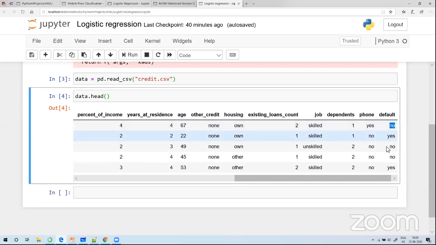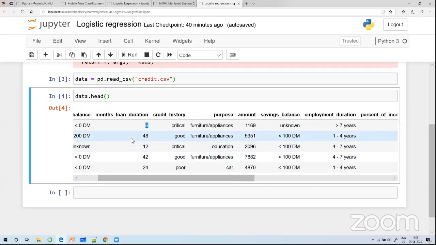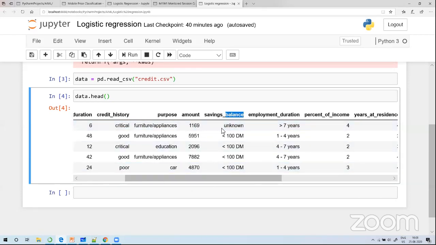Now to predict if a customer is going to default the loan or not, of course, we need to learn from the historical data using the information about the customer, like what's the duration of the loan, how many months the customer has agreed to pay up the loan in terms of installments, what's the loan amount that they have taken, savings balance, typical monthly savings balance. You see some values here, like less than $100 per month, greater than $100 to $200 per month.